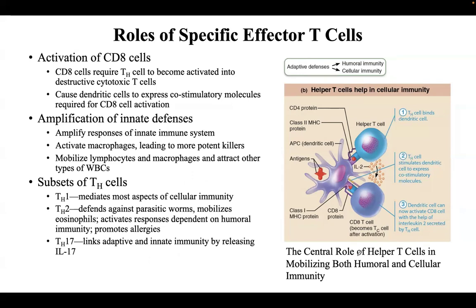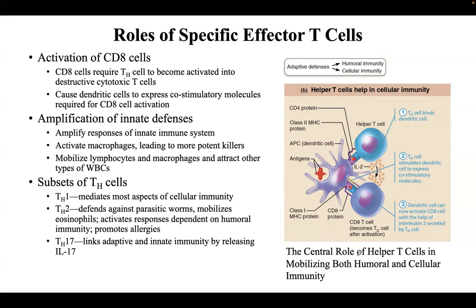Now, CD8 might also require a Th cell to become activated into cytotoxic, destructive T cells. How is that? I'm saying that CD8 also needs the helper cells to get activated. Suppose a Th cell, which we call the helper T cell when it is mobilizing the CD8 cell.